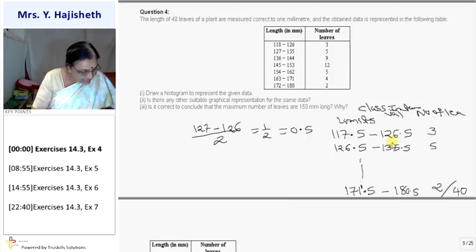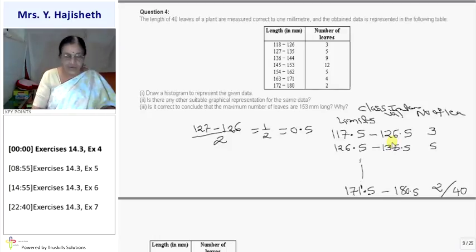So we can't say that the maximum number of leaves are 153 millimeter long. They are between 145 to 153. Clear? So it is not correct. So now I am giving the answer systematically.